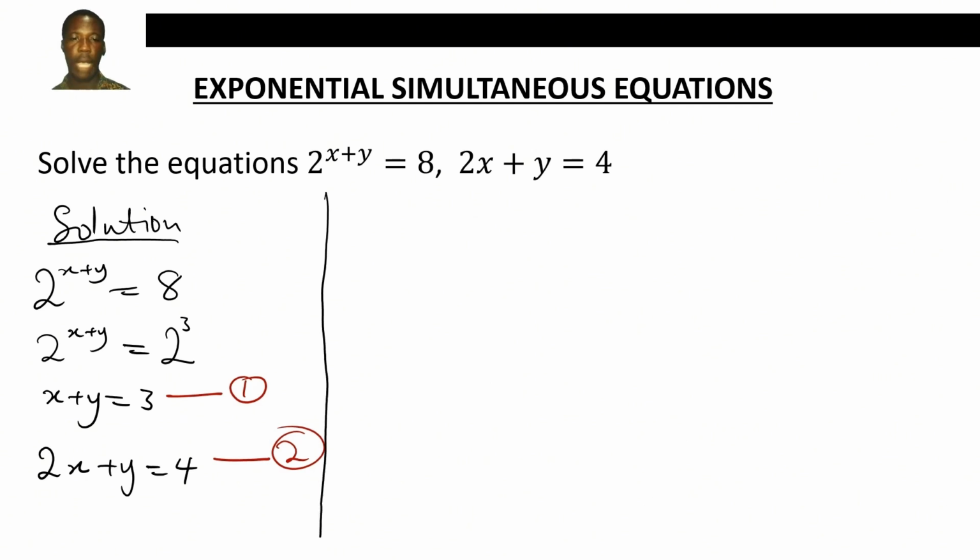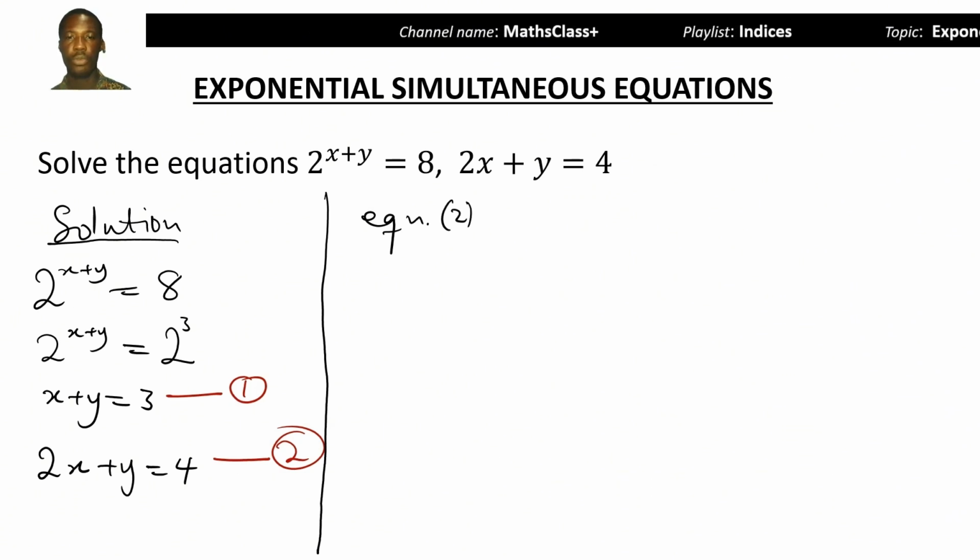So now we have to solve simultaneously. We can use any option we want. For me, as I look at the coefficients of y and they are the same for the two equations, I'm going to use the elimination method. So I'm now subtracting equation 1 from equation 2.